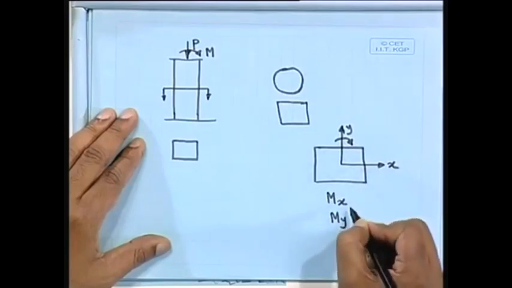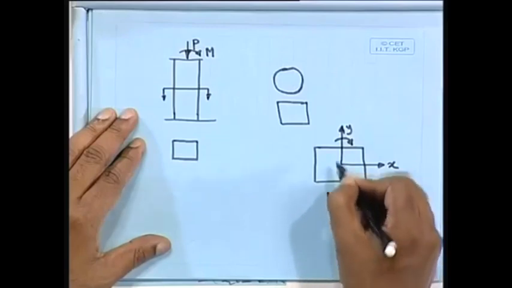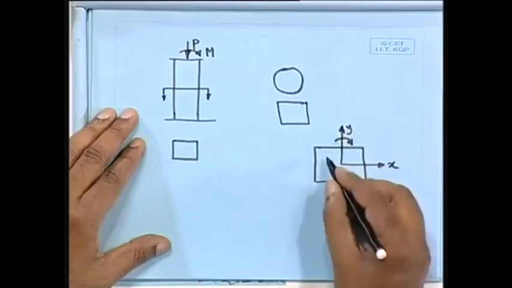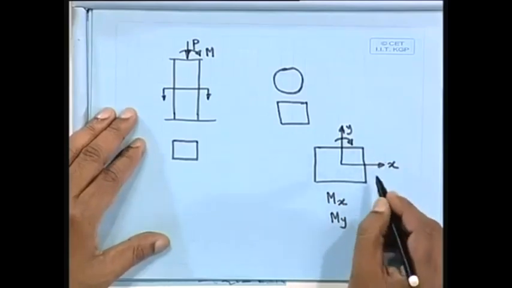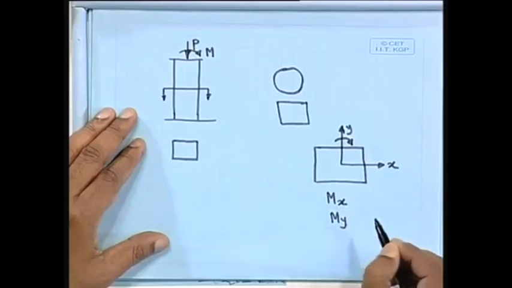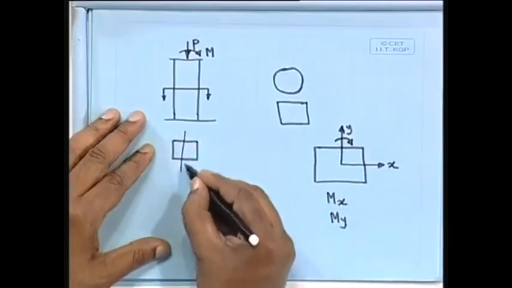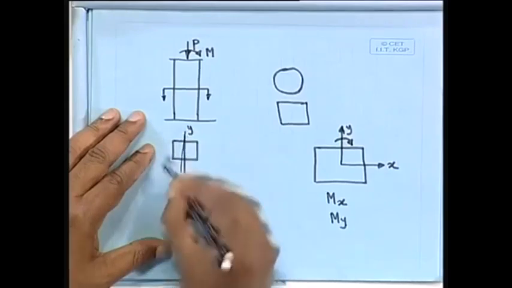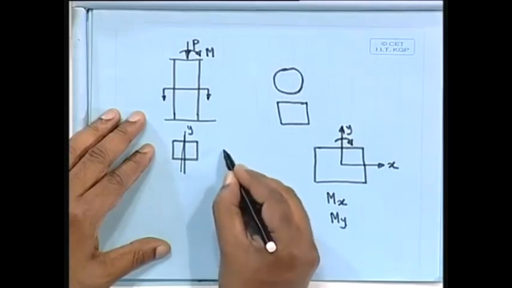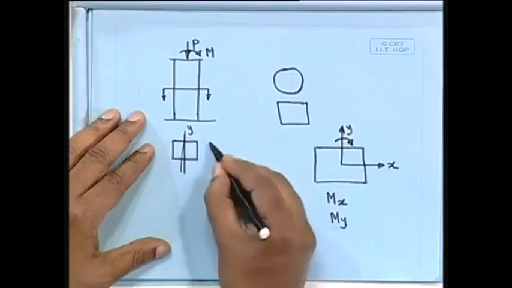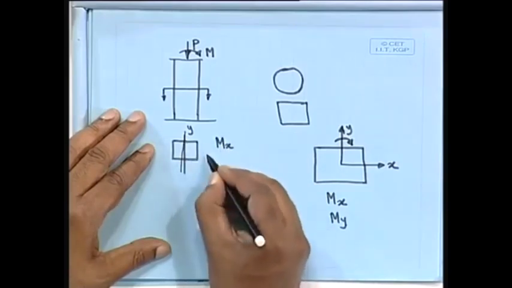The alternative is that Mx means about x, but acting in the other direction. So this convention has to be clear. Here, whenever we say Mx, it means along x.